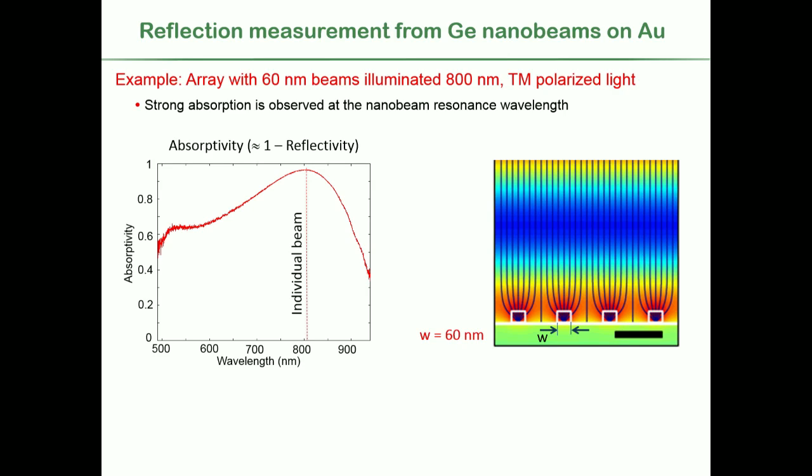And I see for one specific sample, where the beams have 60 nanometer width and a 1, 2, 3 filling fraction of germanium to air, a nice peak, and interestingly the resonance of the peak, where I get the strongest absorption, nicely matches this vertical line, which is the resonance wavelength where one beam on the metal back reflector would have absorbed. So the metafilm, composed of many beams, absorbs exactly strongly at the location where one beam strongly absorbs.